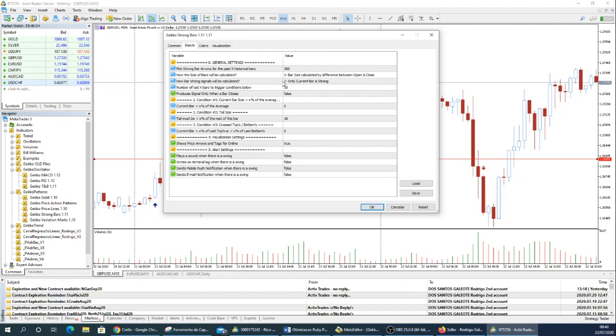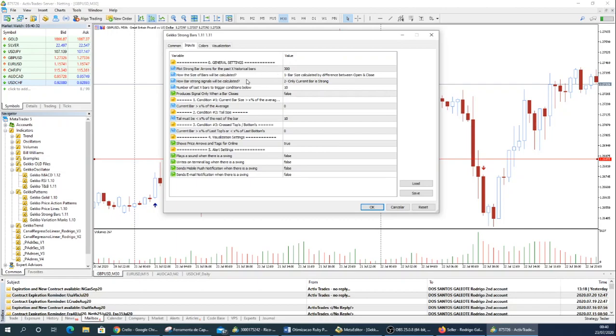If you leave the indicator too loose, it's going to show you a lot of false signs. But maybe you want to see that because you're using the indicator combined with another indicator. You just want to be alerted every time there's a potential strong bar.